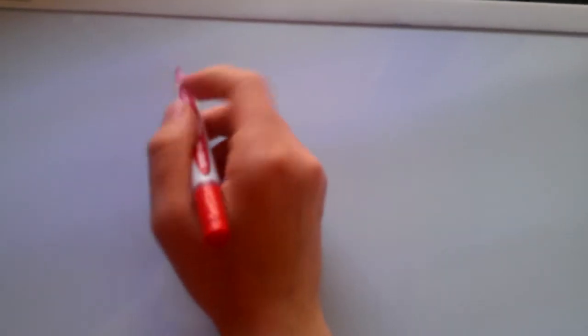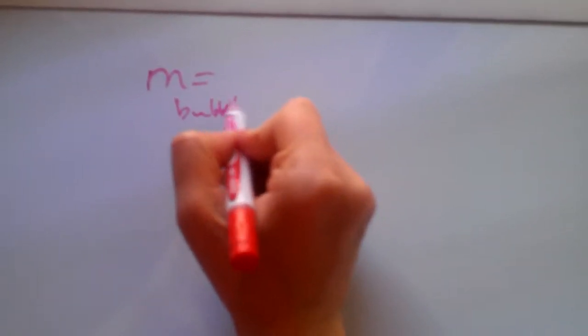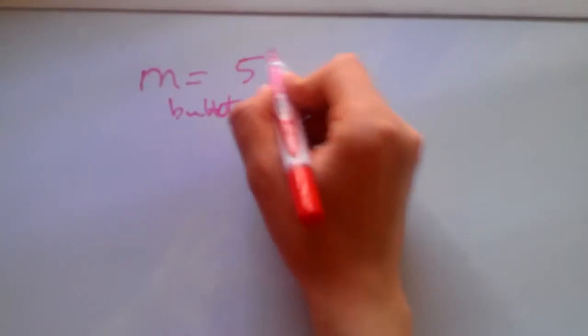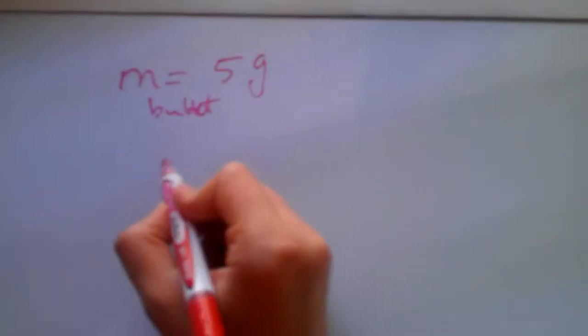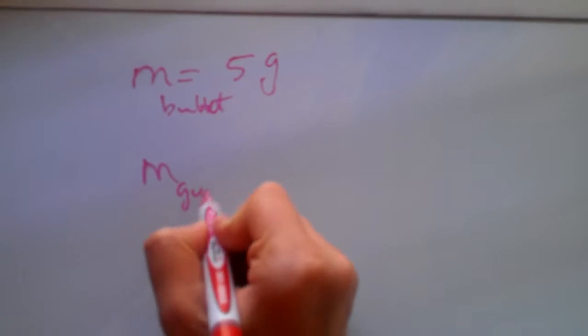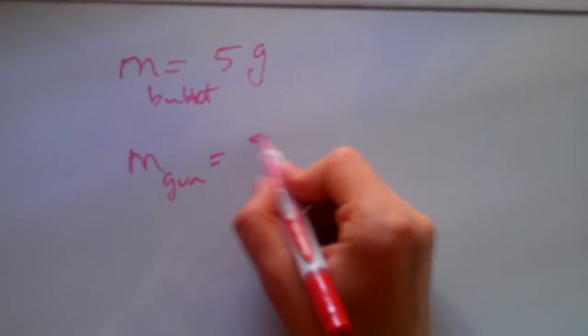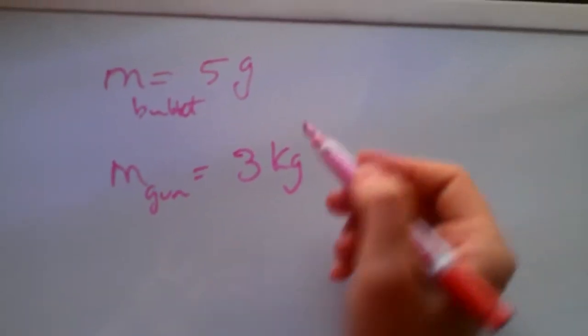So we can have a problem where it says there is a gun and a bullet that are at rest, and the bullet's mass is 5 grams, and the mass of the gun is about 3 kilograms.